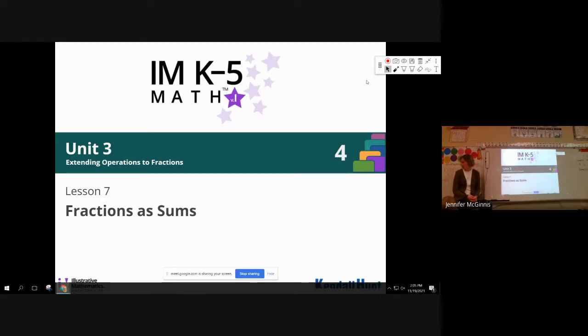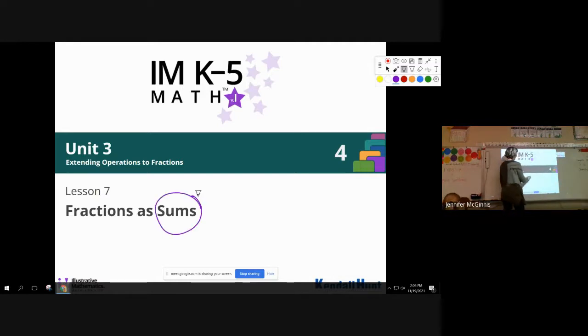What do you think we're going to be doing? Answers to addition. Ooh, what's this word here? Our answers to addition or subtraction. Not subtraction, just addition. Answers to addition problems.